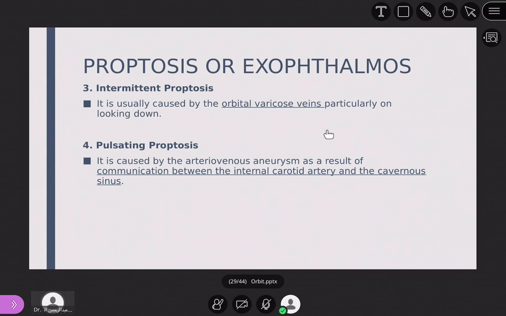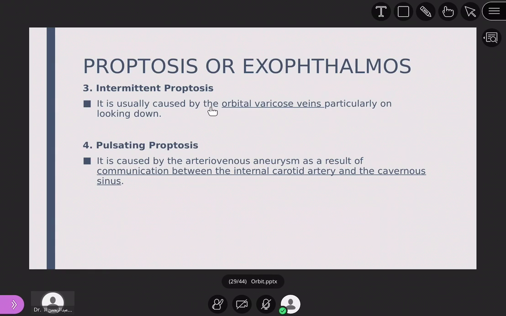Orbital varicose veins, like in lying down or with holding your breath, will be engorged. If the varicose veins are engorged, you will have the proptosis. Otherwise, you will not have the proptosis. Intermittent means on and off, not all the time. So the cause is orbital varicose veins.